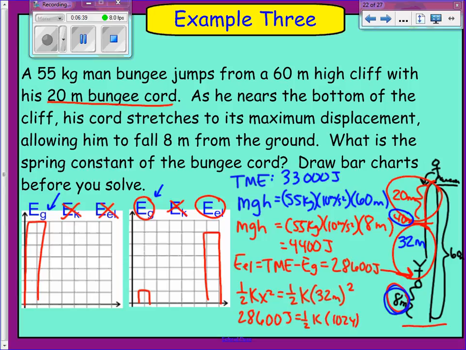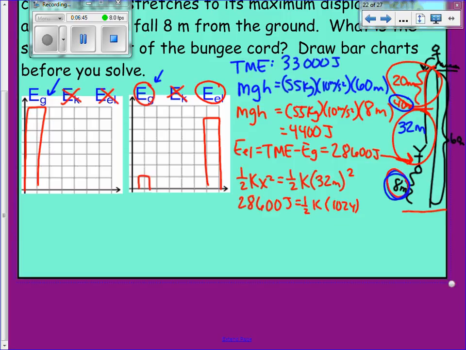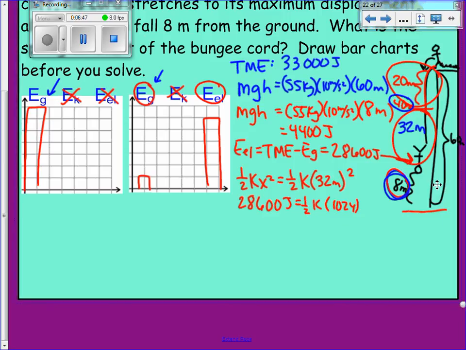And if I solve for k, I'm going to do 28,600 divided by 1/2 and divided by 1,024. That gives me my spring constant of 55.86 newtons per meter. This concludes the video lesson on example number 3.